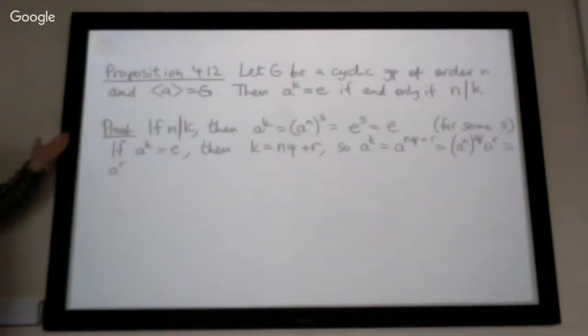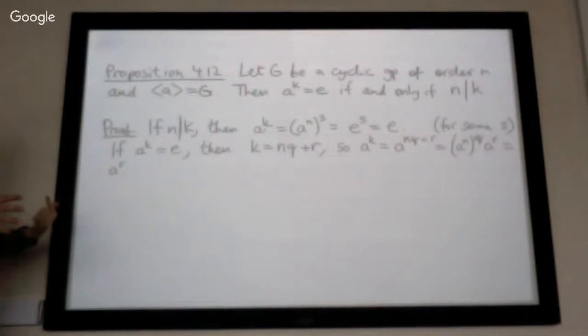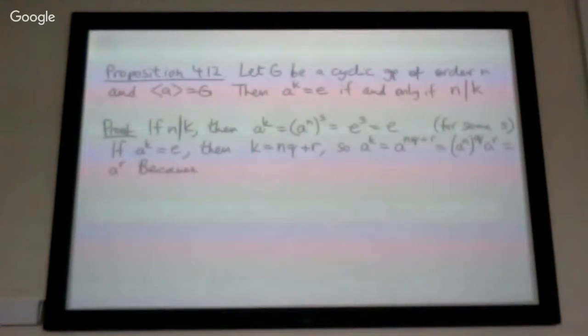Because a generates the whole group, the smallest k other than 0 so that a to the k is the identity is n. So r has to be 0, because a to the r is the identity and r is smaller than n.